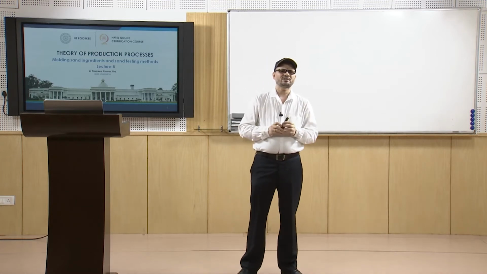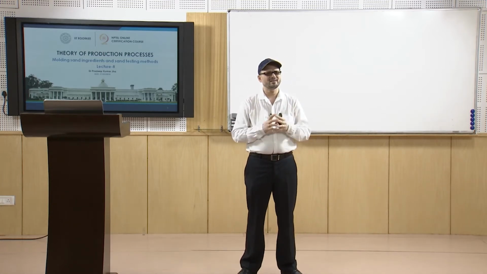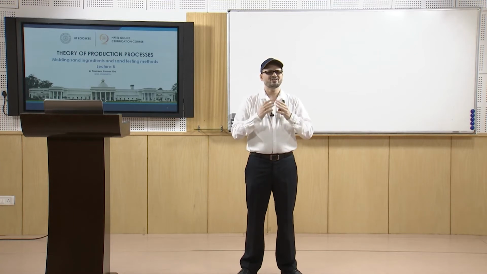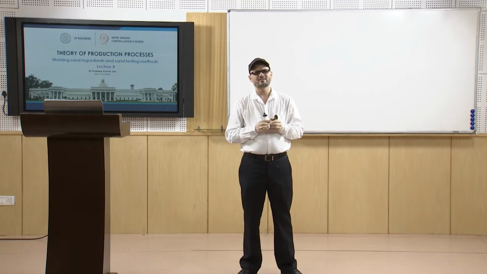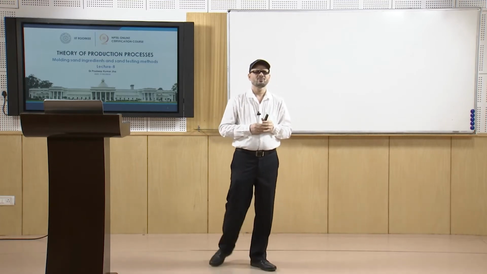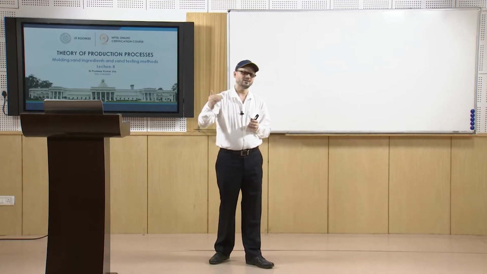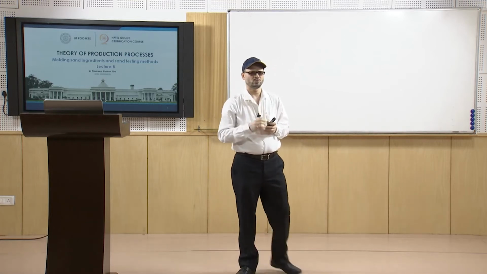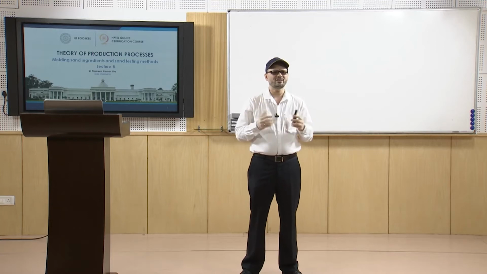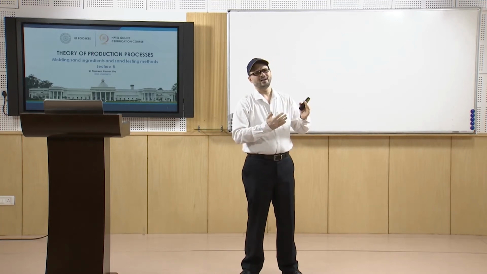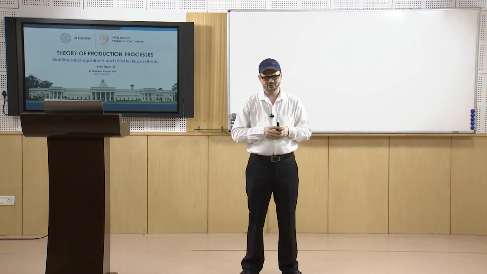What is sand? Sand is basically granular particles resulting from the disintegration of rocks. You can see on the river beds, the river coming through the mountainous regions, the rocks are disintegrating, and then they come and get deposited on the river beds.